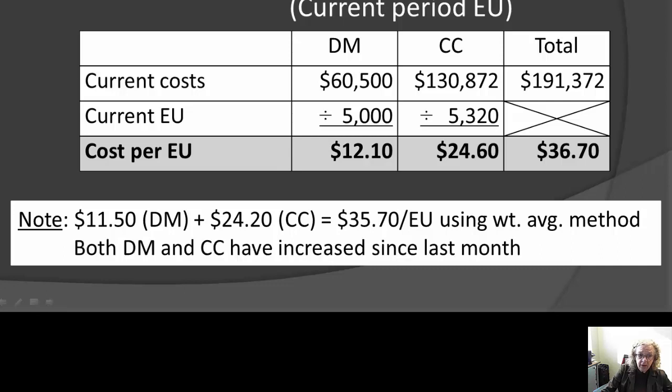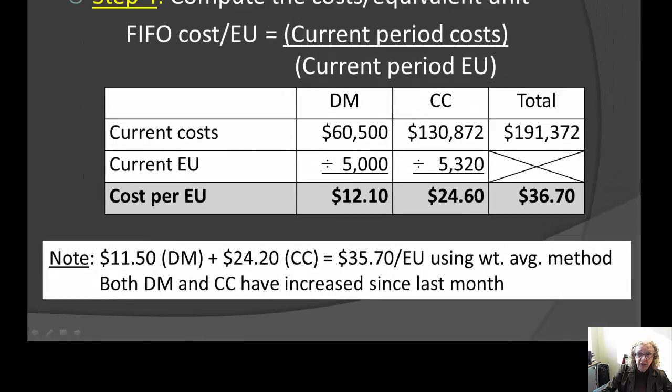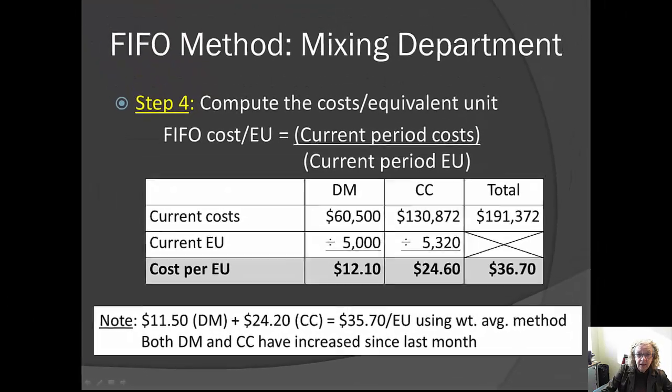So, by using FIFO, we were able to perceive these costs. Whether the firm wants to consider that is a managerial choice.